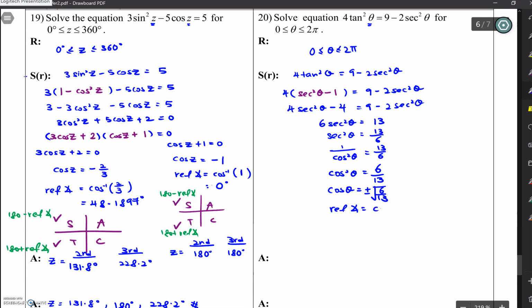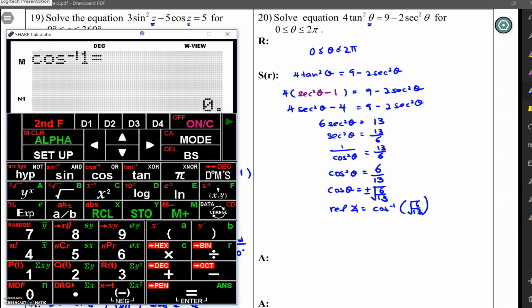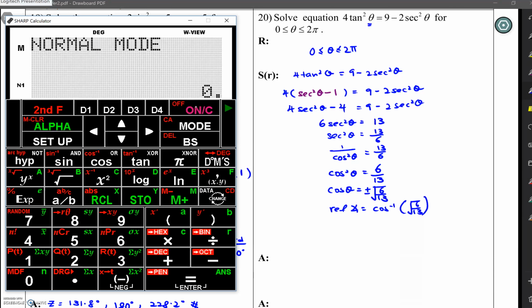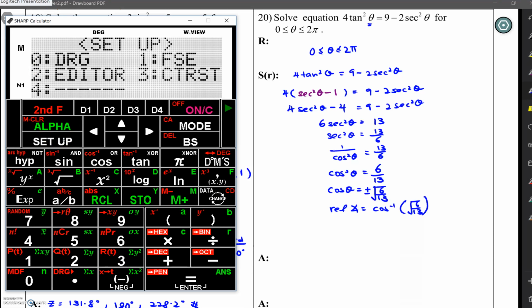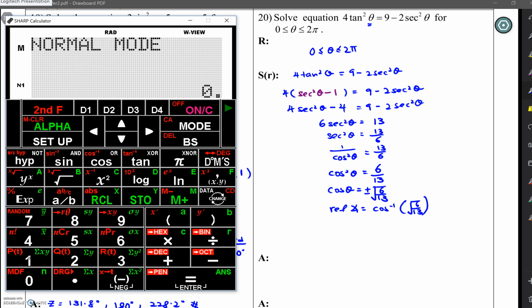So same thing, reference angle, I'll just do cosine inverse of square root 6 over 13. And using calculator, do remember, this one is in radian mode. So can I use my calculator straight away? I won't be able to use it, so I'll have to change my mode first. So set up 0, and it's a radian mode, so go to 1. Check that it's in the correct mode. And then you can press your cosine inverse square root 6 over 13.